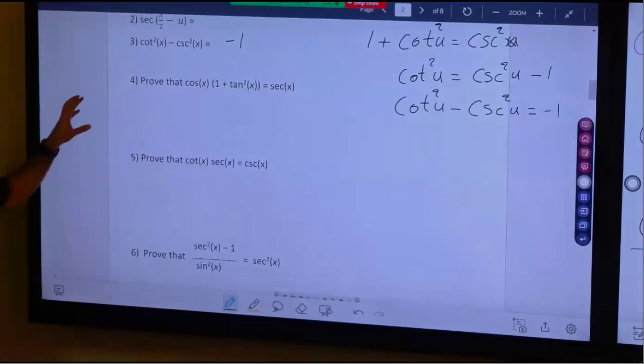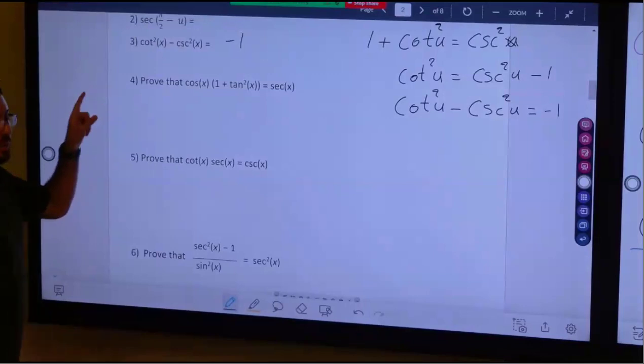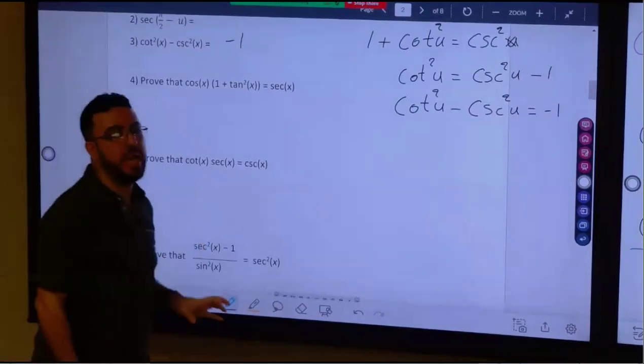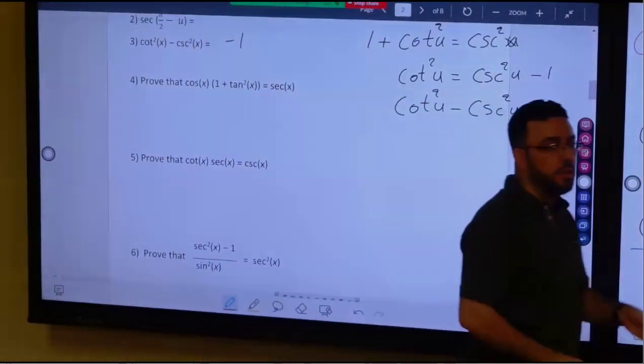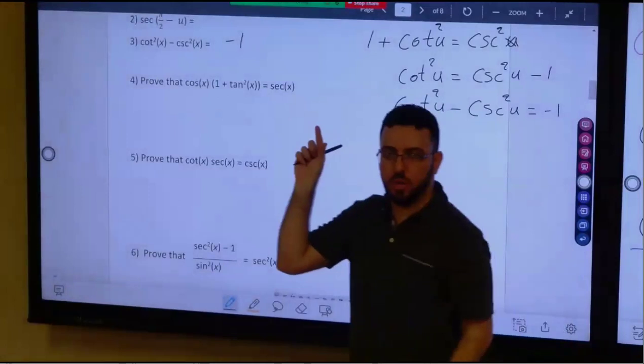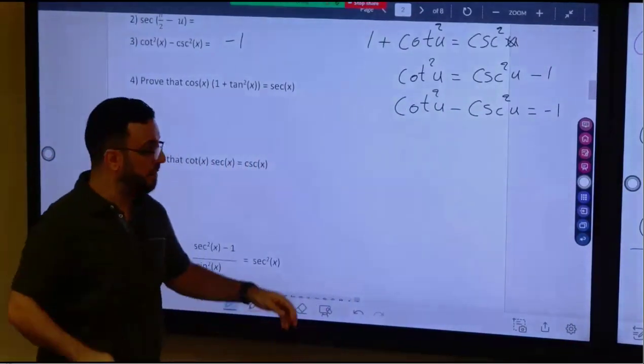Any questions so far? Ready for the next one? Check the next one. They're telling you prove that. When you see prove that, you have to work on one side and the result is supposed to be equal to the other side.